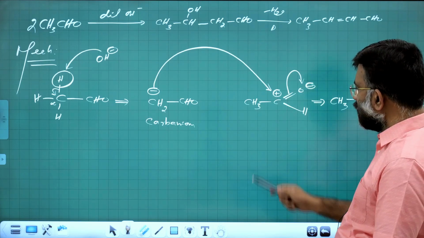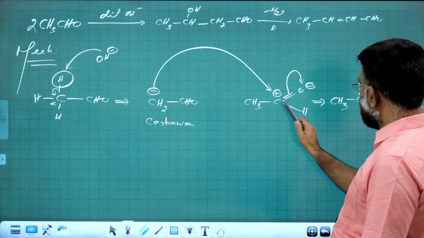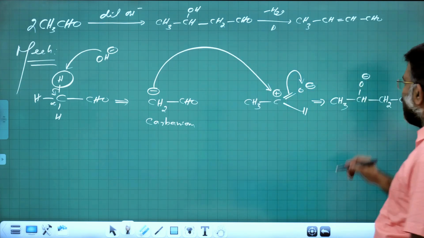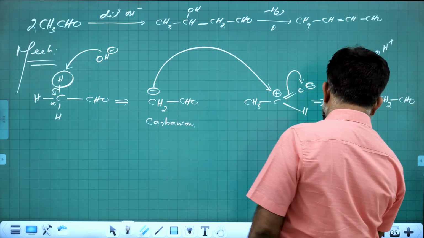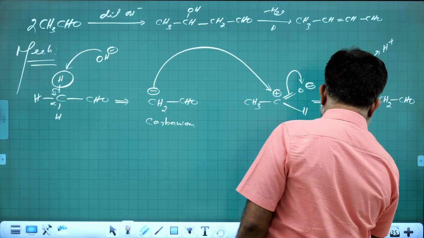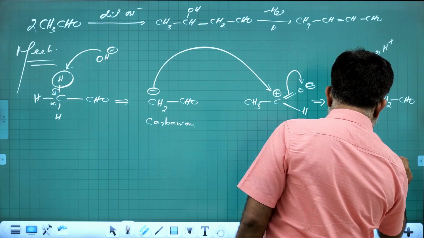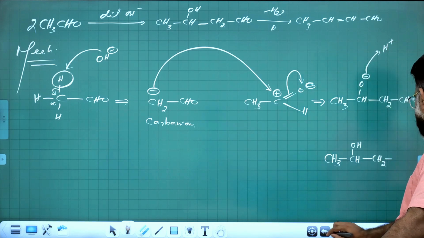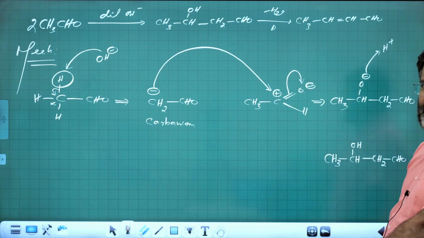I repeat, CH3, CHO minus connected to CH2, CHO. And now this O minus will abstract a proton from the solution and you will get aldol. This in fact is aldol.